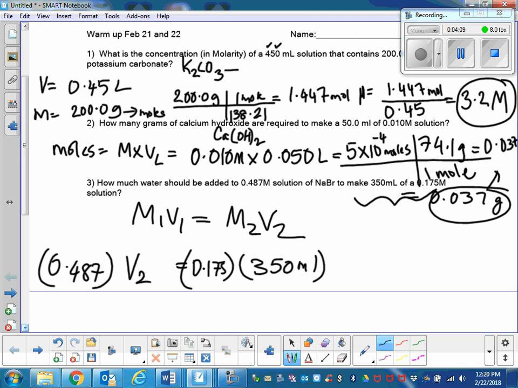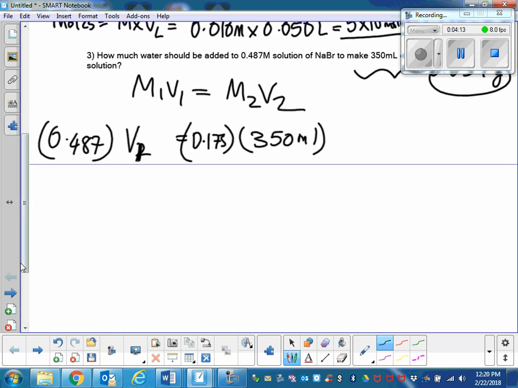So the question is asking me, how much of this concentrated solution will I take in order to make 350 milliliters of the dilute solution? So when I solve for V1, I get my V1 to be 125 milliliters. So I will take 125 milliliters of my concentrated solution, which is 0.487, and make it up to a volume of 350 milliliters.